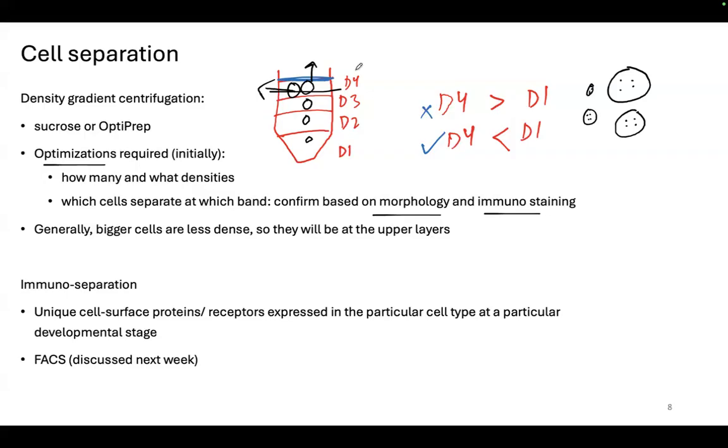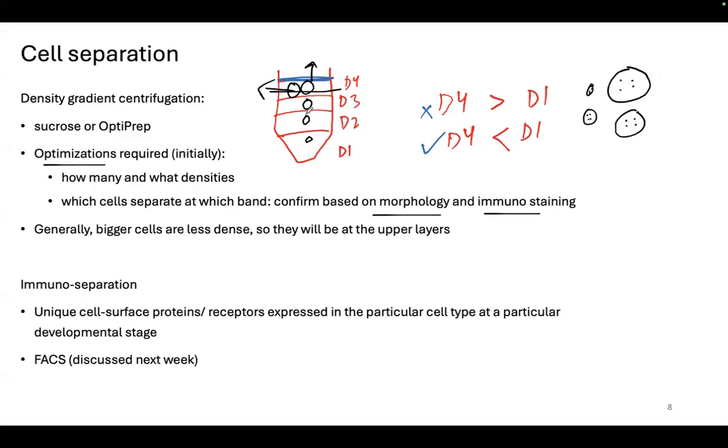So that's that. Again, this is an optimization that would need to be done only when you're making something new, or when you're using sucrose for a new cell type, right? Let's say you are interested in another region of the brain where this protocol is not optimized. Suppose I give you the protocol for the hippocampus and you want to use it for the cerebellum, right?